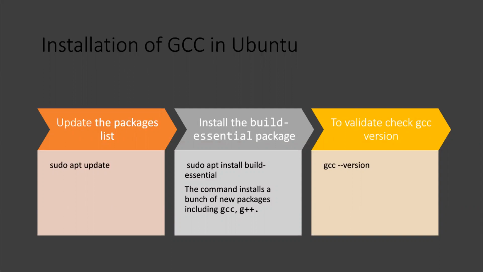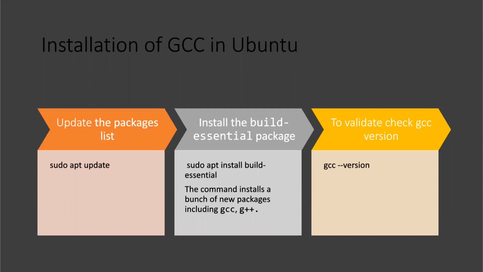To check this, there is a sudo command you have to remember: sudo apt update. That means we are going to update the Ubuntu packages. With its help, the operating system checks whether updated versions are available or not.